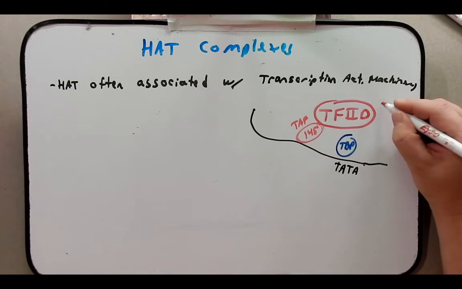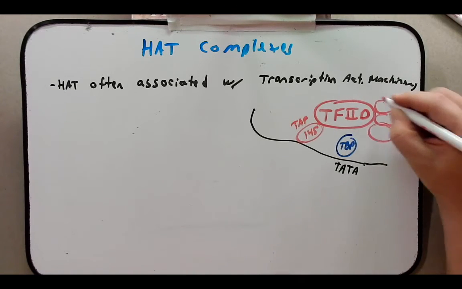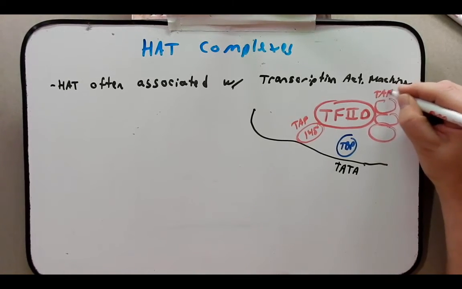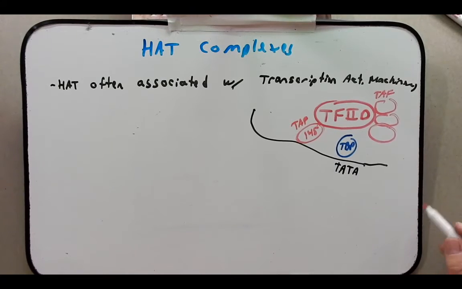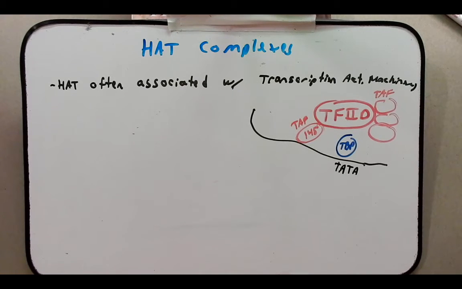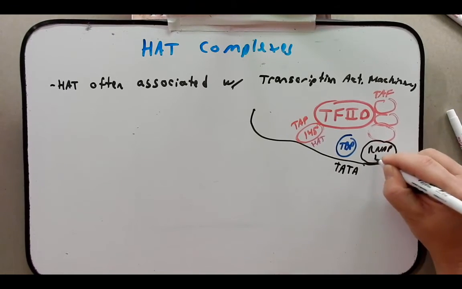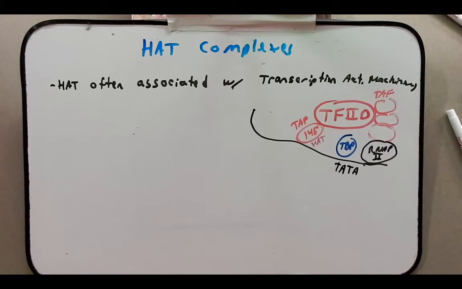There's a whole bunch of TAF proteins associated here. I'm just going to write TAF. I'll talk about some of these in a moment, but this stands for TATA binding protein associated factors. This specific one, this 145, is a HAT, histone acetyltransferase. And then ultimately RNA polymerase 2 comes along here to activate these genes.